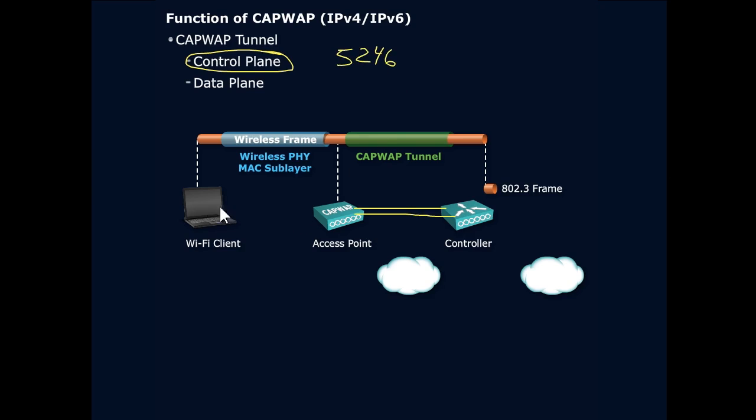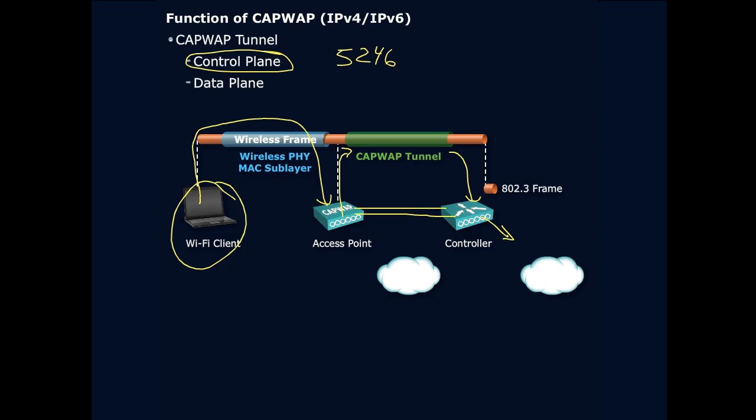Then our data, our Wi-Fi client connects to the access point, sending some data. That data is then encapsulated within a CAPWAP tunnel frame, not necessarily encrypted. That's up to you to set up, may or may not be encrypted, which then goes to the controller. And then if the controller allows it, that client's frame as an 802.3 frame is going to exit the controller.